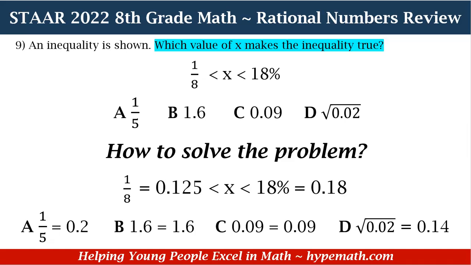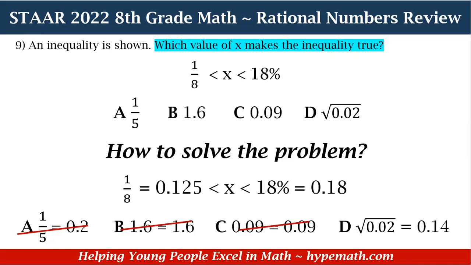Let's look at D. We know the square root we converted, the square root of 0.02, is equal to 0.14. So, yes, 0.14 is greater than 0.125, and yes, 0.14 is less than 0.18.